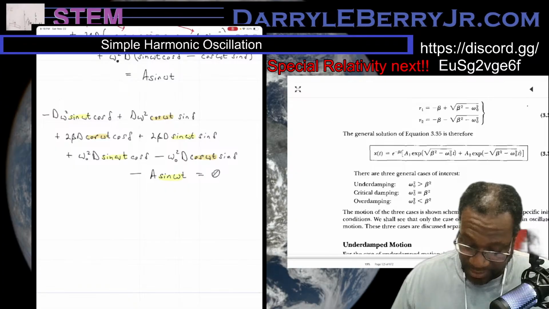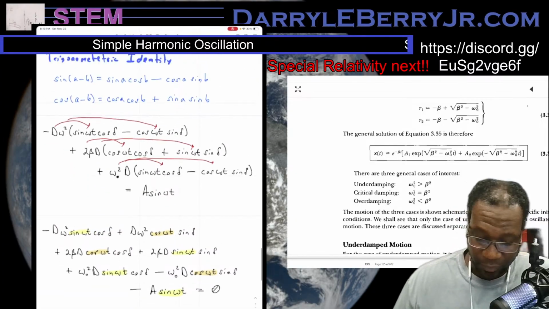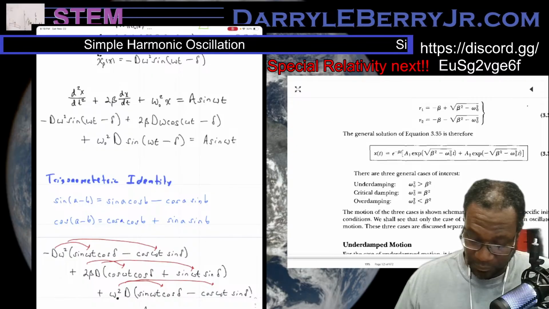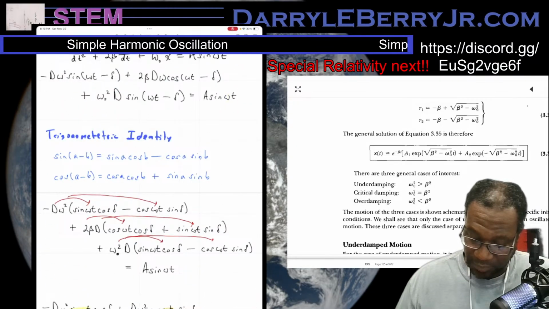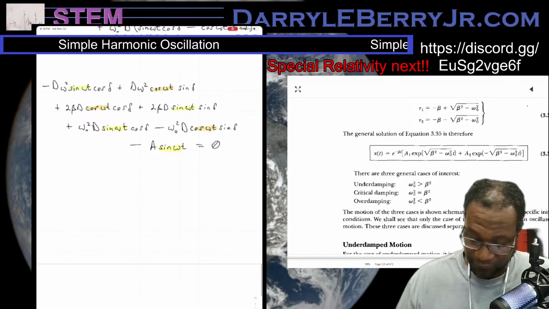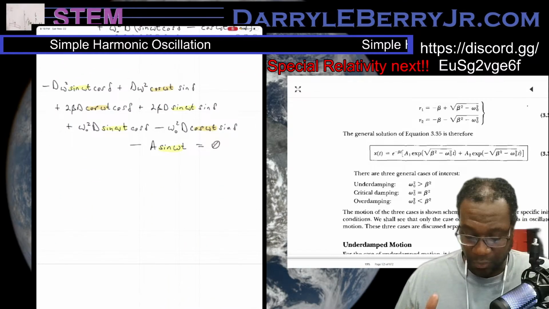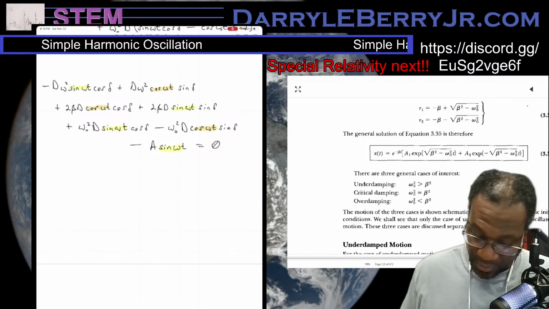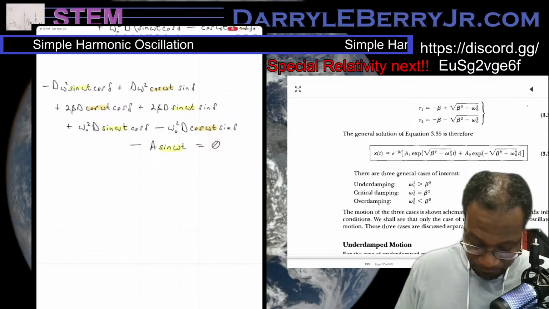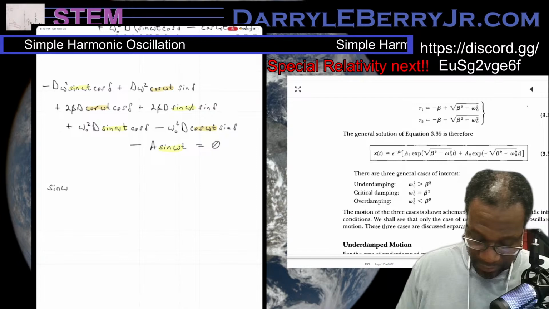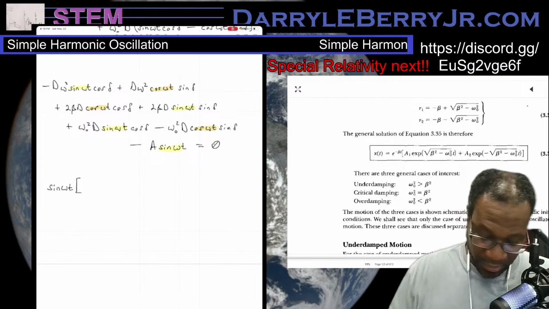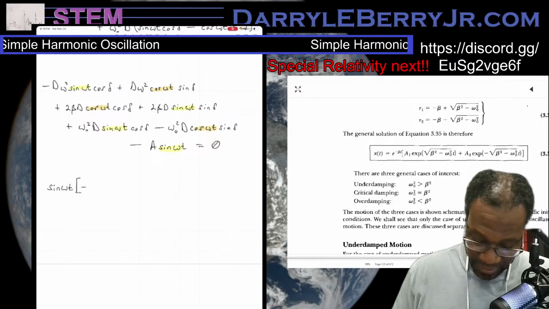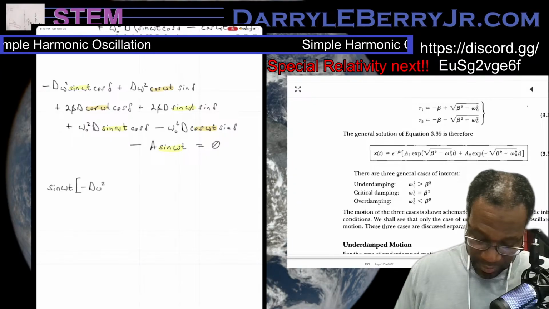Now the benefit of identifying this is, remember that we're solving for the driven form of the oscillator, in which we have a driven frequency omega. So I'm going to get all those driven frequencies by themselves, and that'll help make things easier for me. I'm going to start with sine omega t. If I look at the first one, I'm going to have negative d omega squared cosine delta.